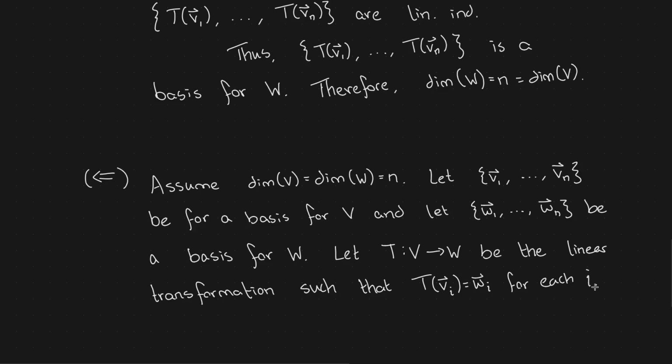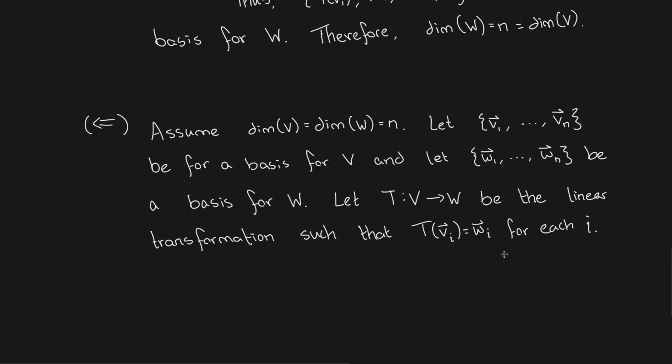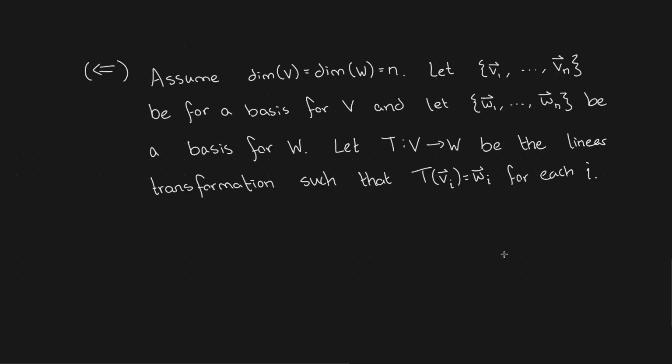Here each i, of course, being from 1 to n, the possible subscripts. So the transformation of V1 will go to W1, the transformation of Vn will go to Wn, and so on. Okay, this is a linear transformation, and it's pretty straightforward to prove that.